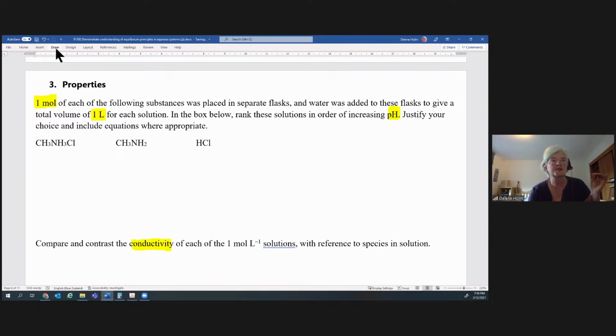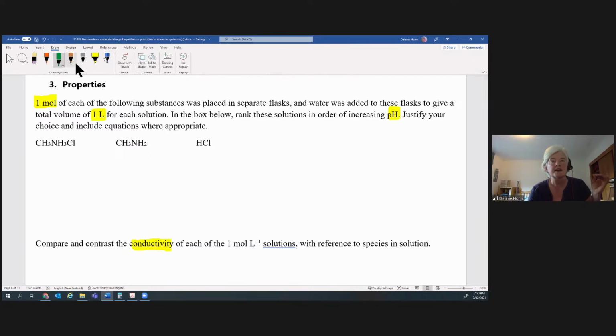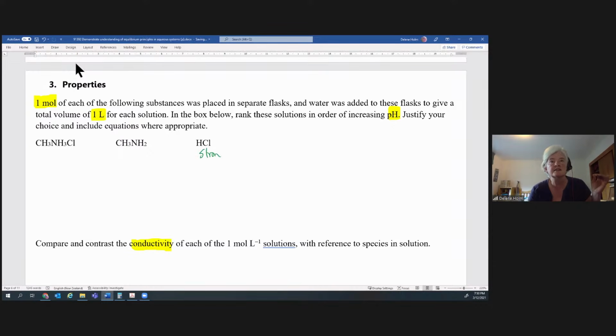I'll just change my color here. That is a strong acid. So if I had 1 mole per liter, my pH over here is 0. Remember, your pH is equal to your negative log of your H3O plus.